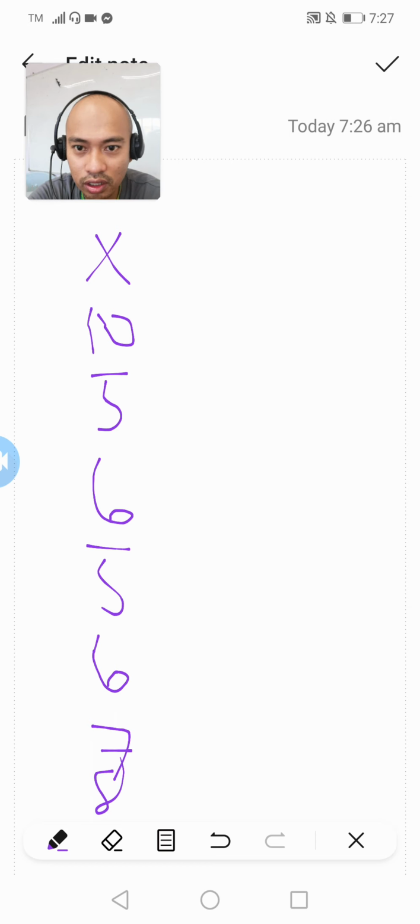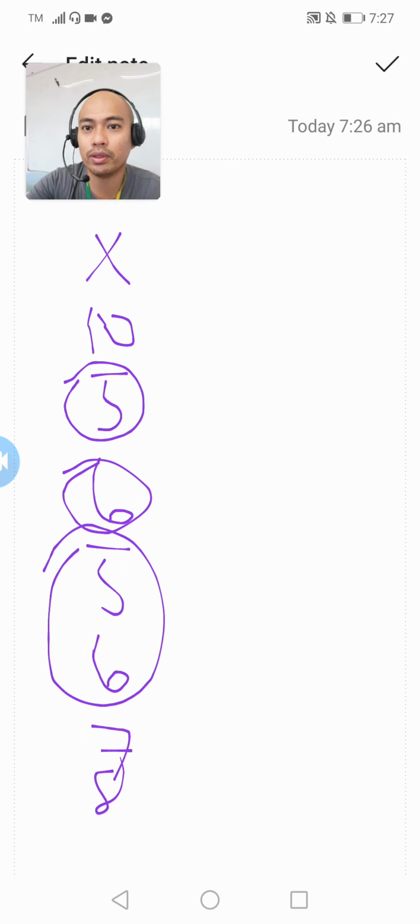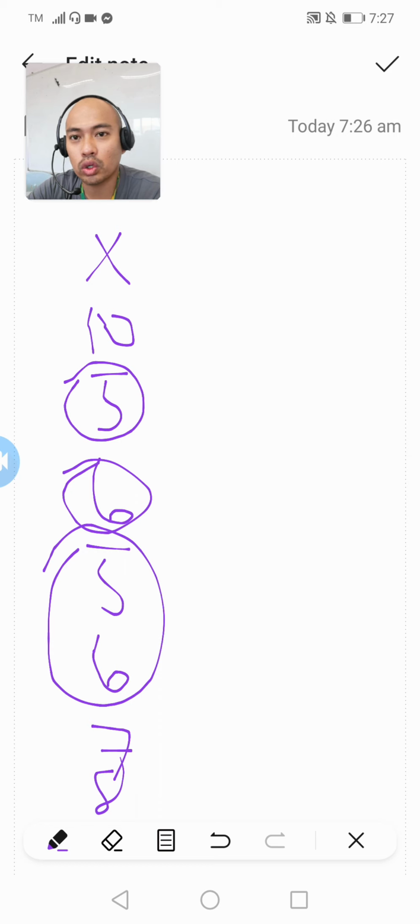As you can see, we have 5 and 6. Why did we consider 5 and 6 as the most frequently occurring values? Because they have repeated twice. There are two 5s on that given x variable, and there are also two 6s.